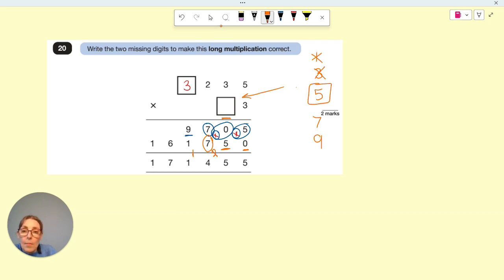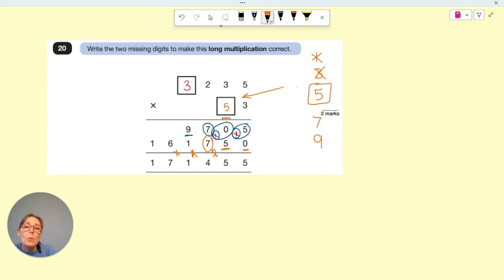Okay, so that was a 5. 5 times 5 is 25. 5 times 3 is 15, add 2 is 17. 5 times 2 is 10, add 1 is 11, and that's 1, that's fab. 5 times 3 is 15, add 1 is 16. So I think it's 53.